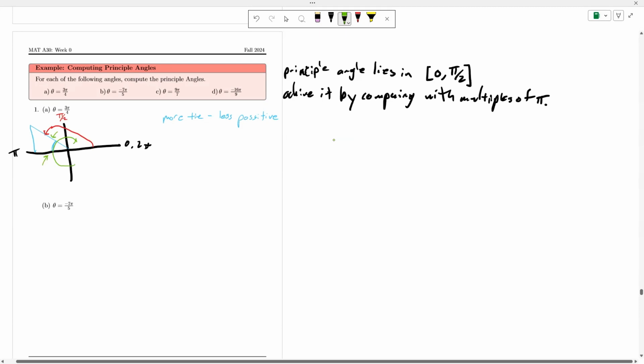Because the axis is what I hit first, my principal angle, which we'll call phi, is going to equal pi minus 3 pi by 4, which equals 4 pi over 4 minus 3 pi by 4, which equals pi by 4. So my principal angle here is pi by 4.